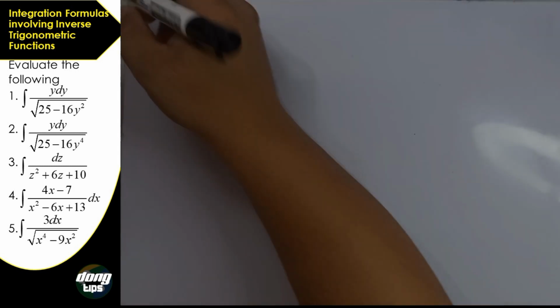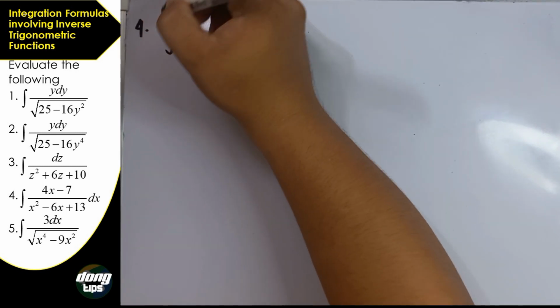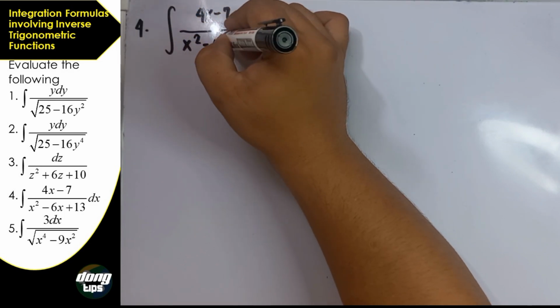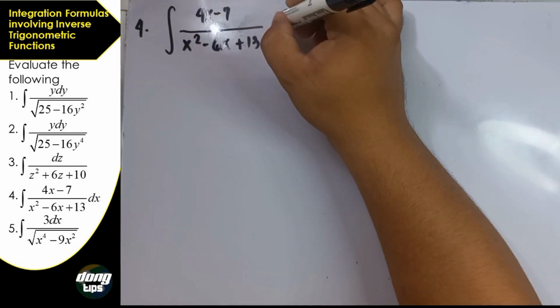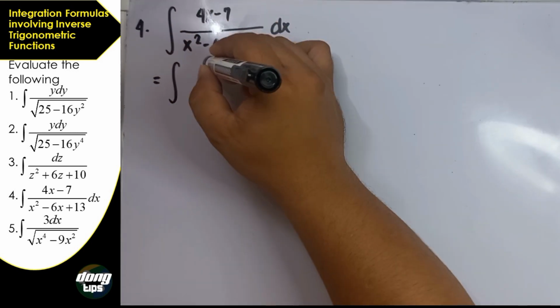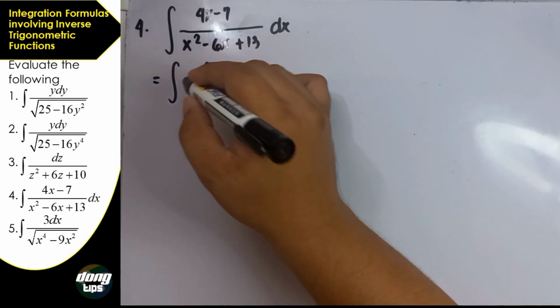Now, let's try this more complicated problem. Evaluate the integral of quantity 4x minus 7 dx over x squared minus 6x plus 13. Let's try the method we've done in item number 3, by transforming the denominator into two perfect squares.